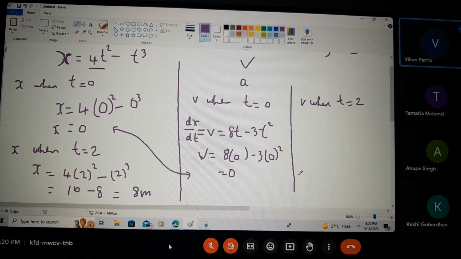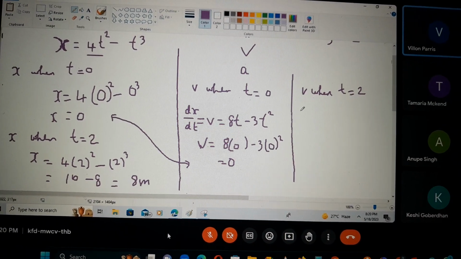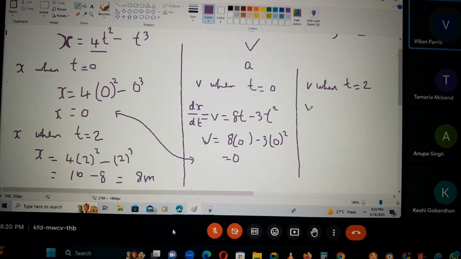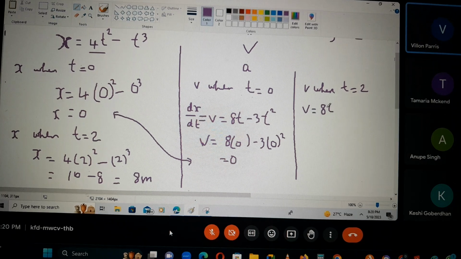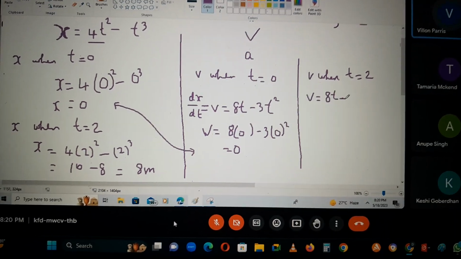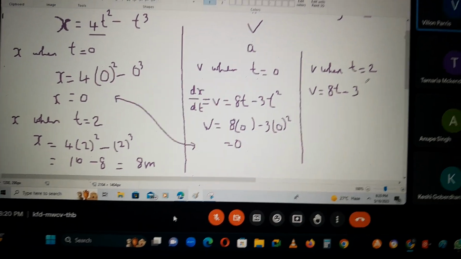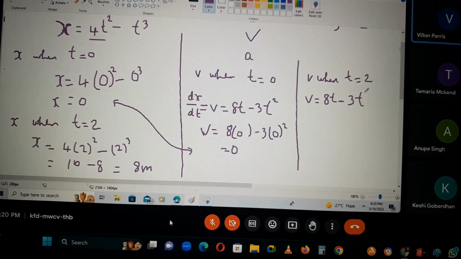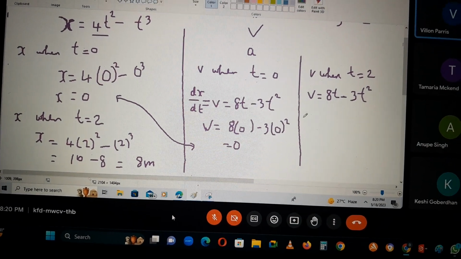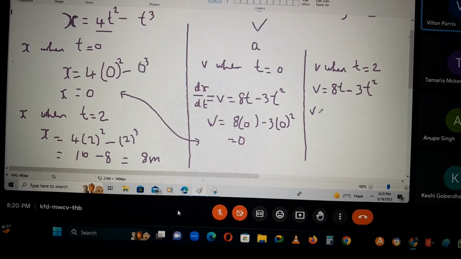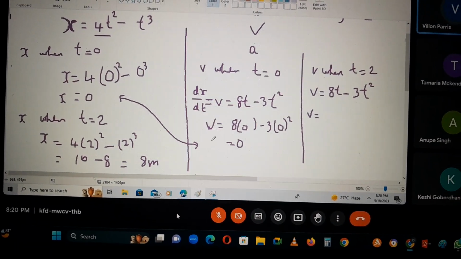Are we good so far? Yes, sir. So what is our velocity after 2 seconds? How fast are we moving? So we use our velocity function.